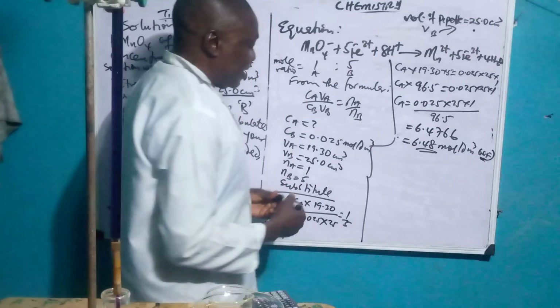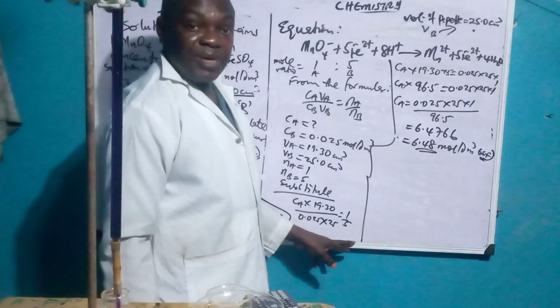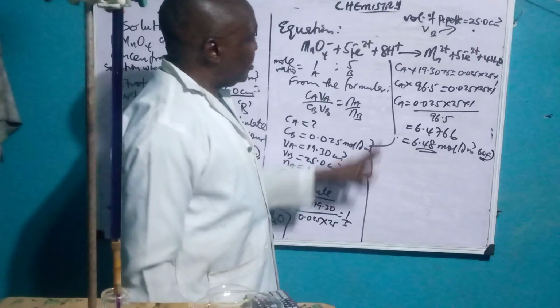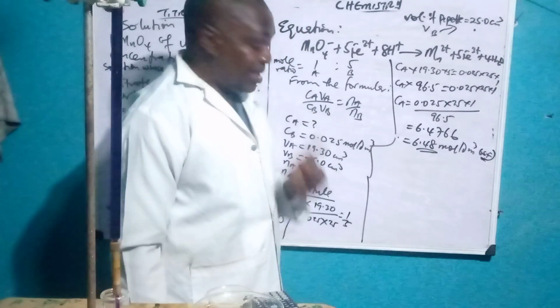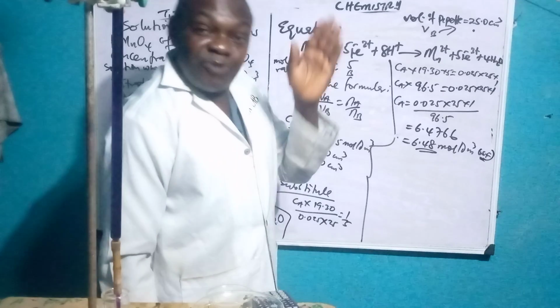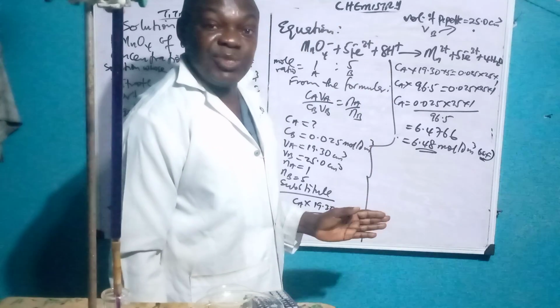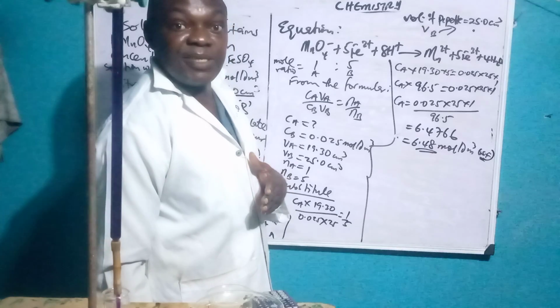Remember, this place is 4 marks. How is it 4 marks? Correct substitution 1 mark, mole ratio 1 mark, sorry, formula 1 mark, evaluation 1 mark. So if you are the kind of person that calculates everything once, you get only 2 marks. Follow this sequentially. This practical chemistry is different from theory and other science subjects.